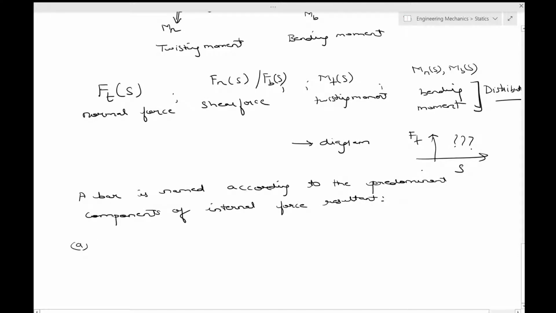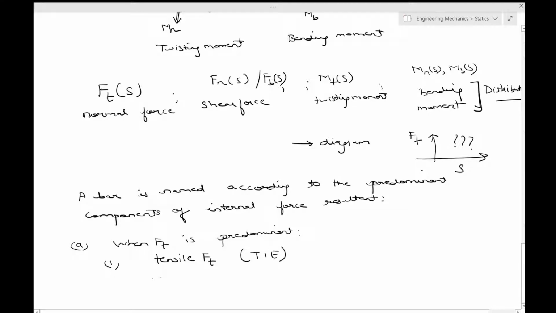For example, when Ft is predominant: if you have a tensile Ft, it's called a tie.